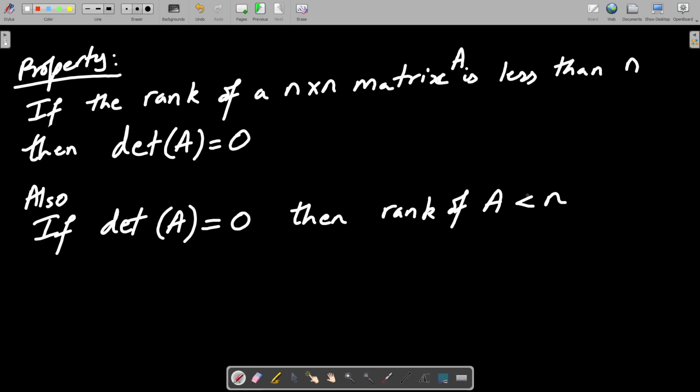It's not equal to n. So it's an if and only if result actually. If the rank is less than n, then the determinant is 0. So if the determinant is 0, then the rank should be less than n.